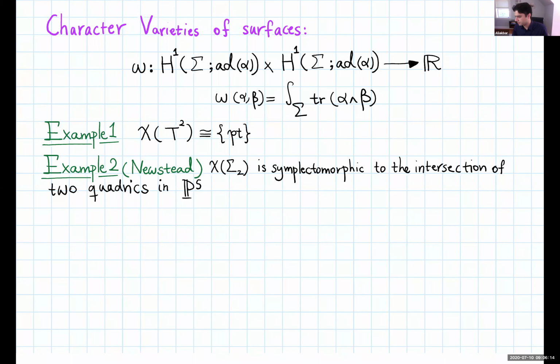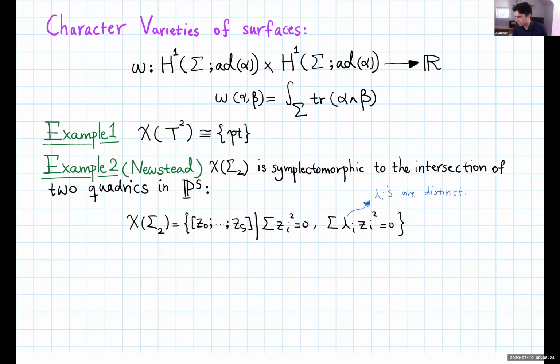In this case, the character variety is going to be a complete intersection. It's symplectomorphic to the intersection of two quadrics inside the 5-dimensional projective space. In particular, you can take just a standard quadric and another one, the sum of lambda_i times z_i squared, where the lambda_i are distinct.